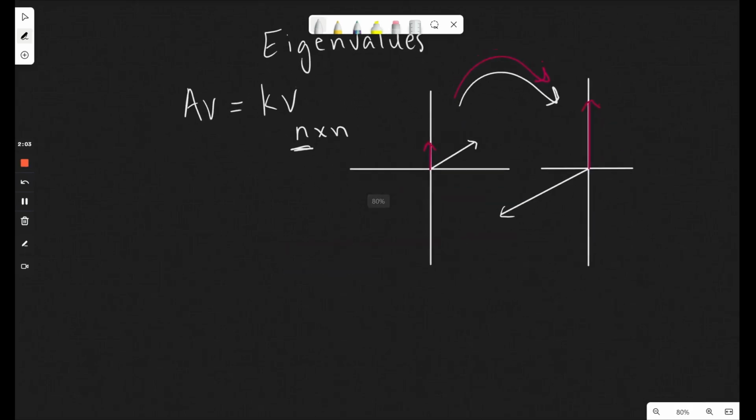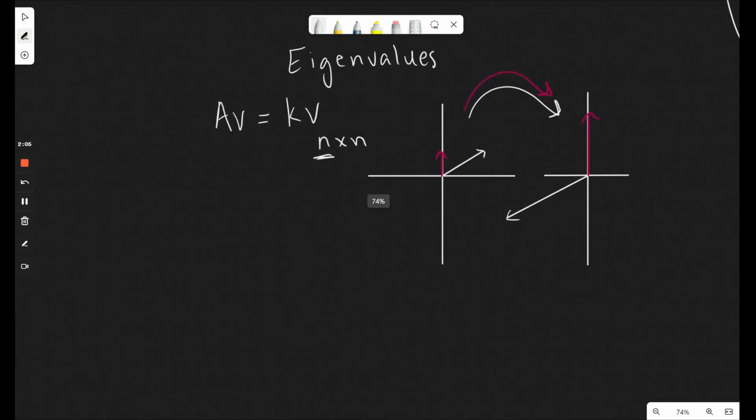So how are you going to find an eigenvalue then? Well, from this equation, we usually say Av equals, sometimes eigenvalues are written as lambda, so don't be thrown off if you see lambda v.